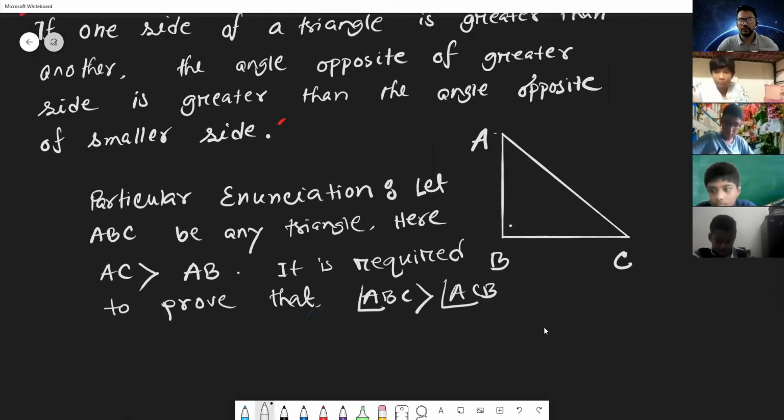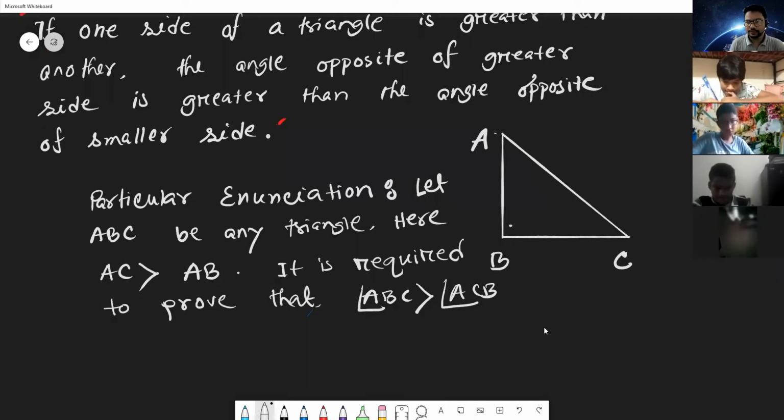So now, for the construction, from AC cut AD equal to AB. That means AD is equal to AB.